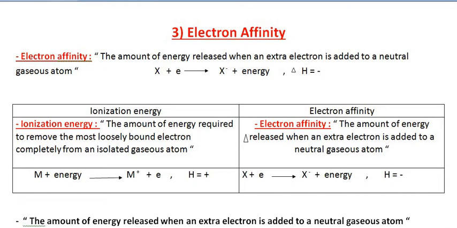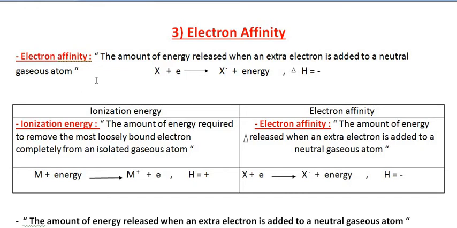But now it is the opposite. If you want to add an electron to a neutral atom, of course you will not exert energy, but you will get energy. This means that energy is lost or released when you add an electron to an atom.